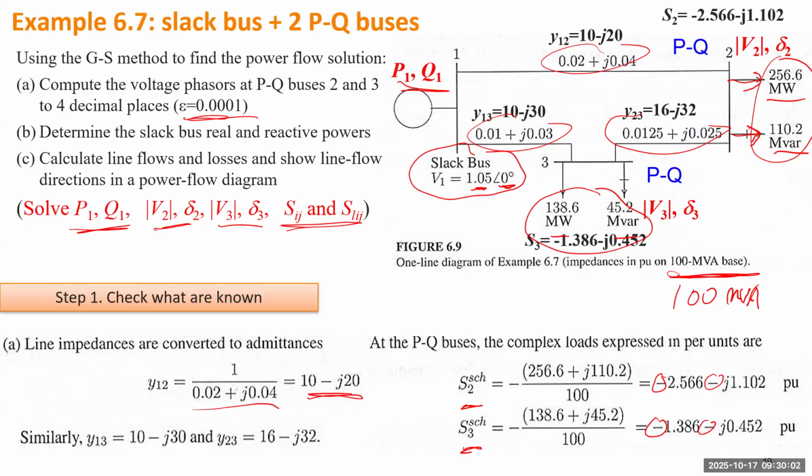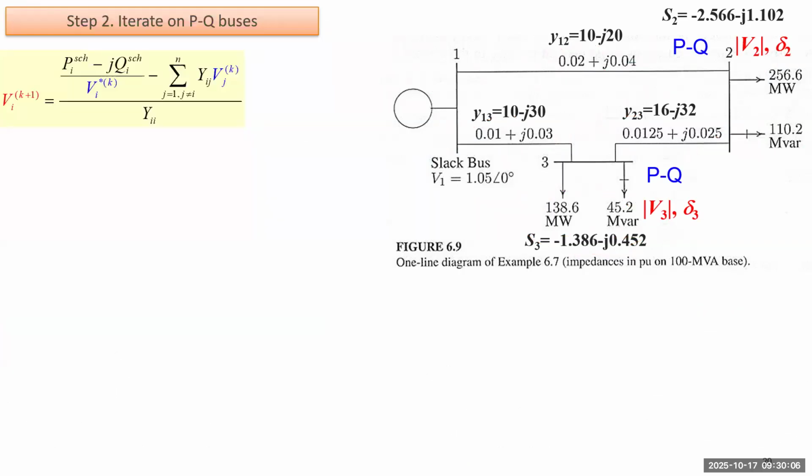Okay, so let's move on. I already colored those numbers in black, so those will be the constant values. Because this problem only has 2 PQ buses, each PQ bus only needs this formula to calculate the voltage phasor.